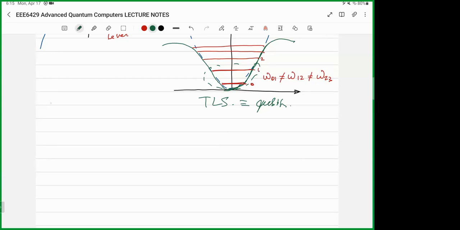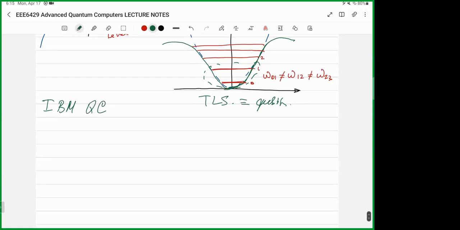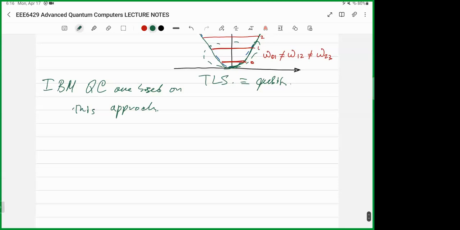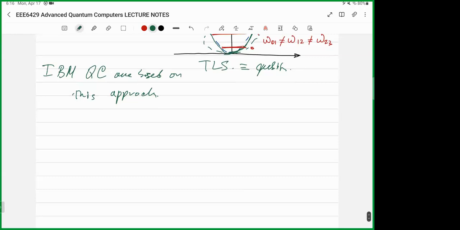So let me write this: IBM quantum computers are based on this approach. Sometimes we call these quantum circuits or quantum RLC circuits.